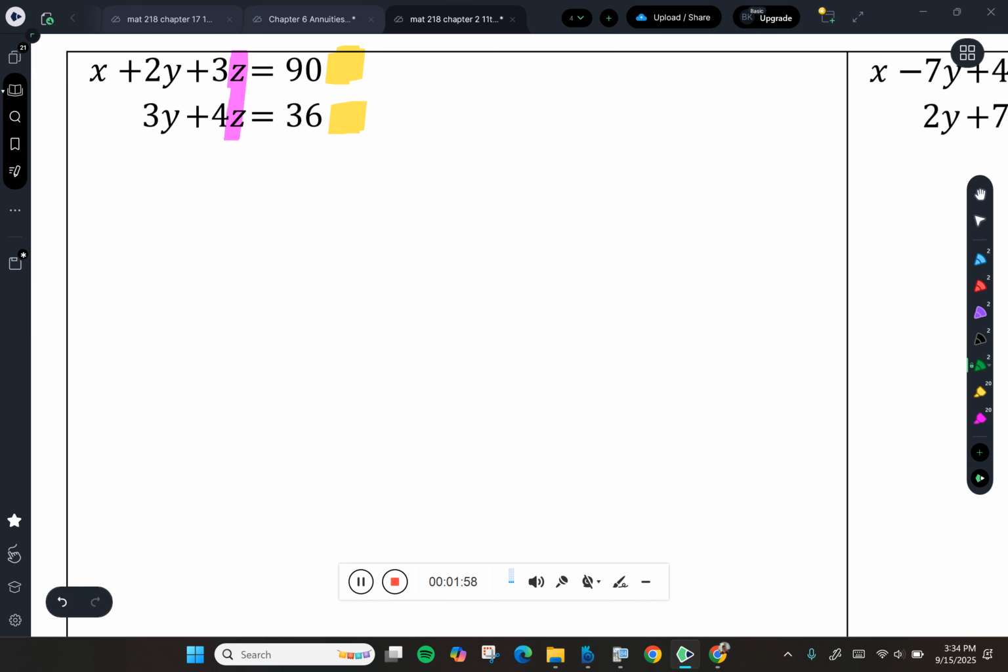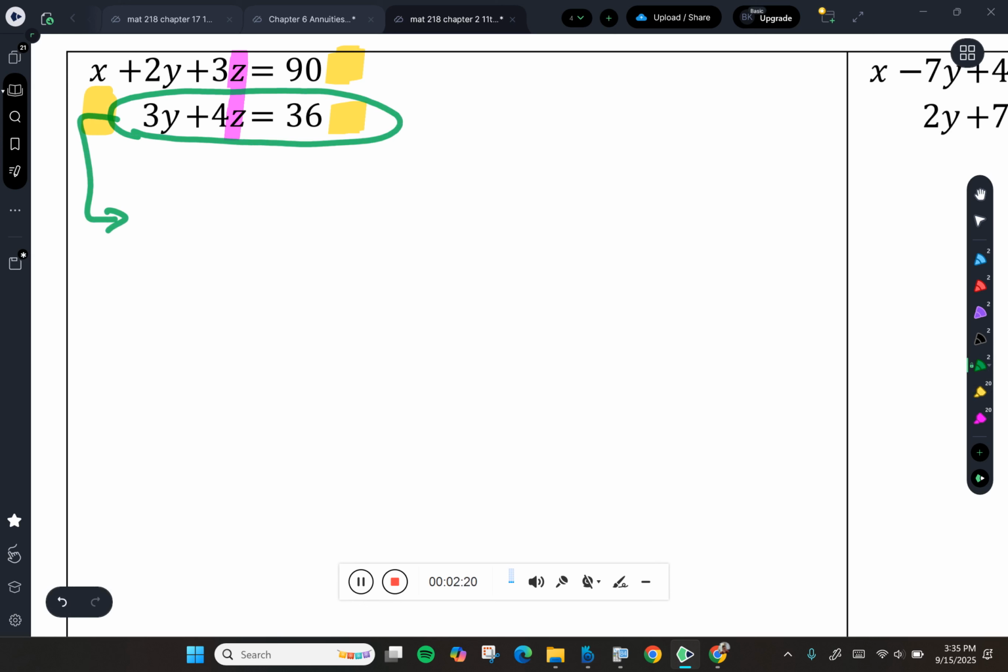I am going to start by taking the second equation and solving for y in terms of z. The system is already in echelon form, because there's no x in the second equation, and there's no third equation to take the y out of, so we're already there. So we'll just start parameterizing.